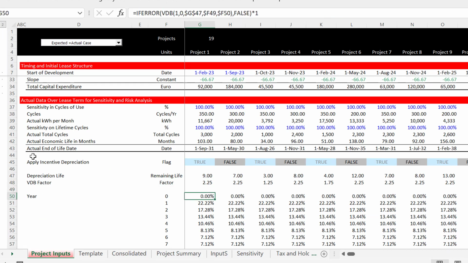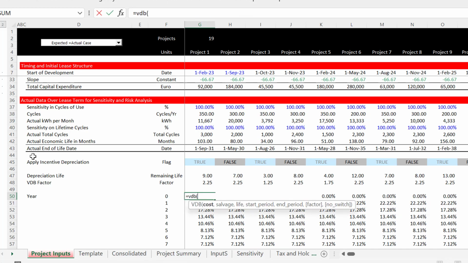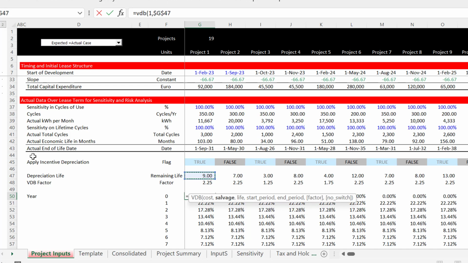And then we use this VDB. If you use the VDB, it's nice, and you can mimic just about any of the tax stuff. Then you go up to the life. You need an F4 on the life.